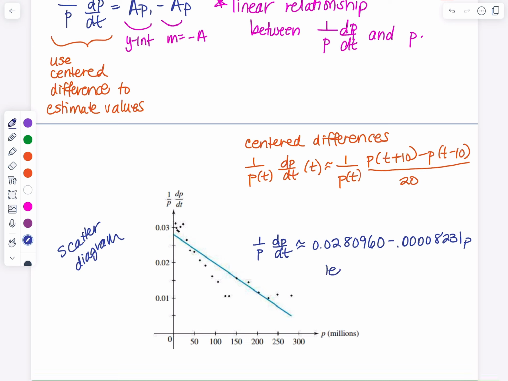And so this is using least squares regression. And you can see the data here from the table, and then of course the straight line fit. And that concludes this video.